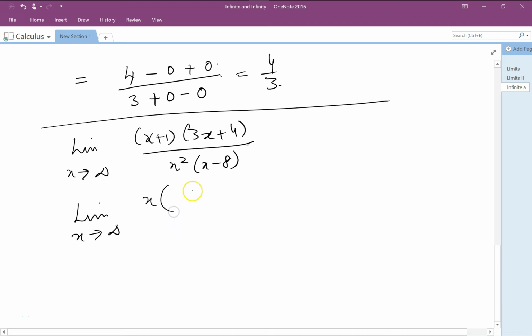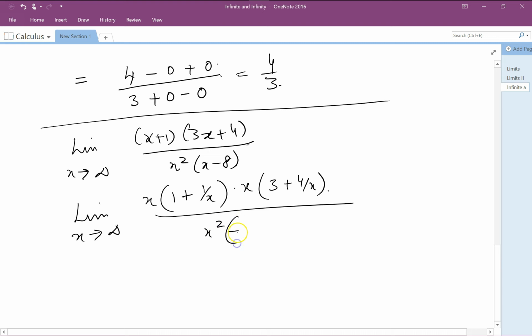Take out x, because we want to be able to cancel this x square. So take out x, so we are left with 1 plus 1 by x. Take out another x from here also, becomes 3 plus 4 by x, divided by x square times x minus 8.